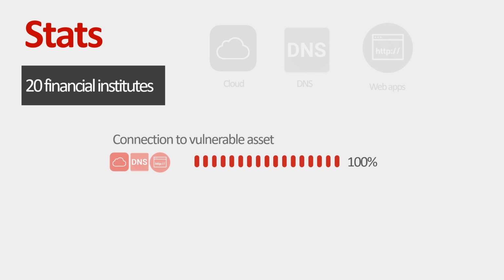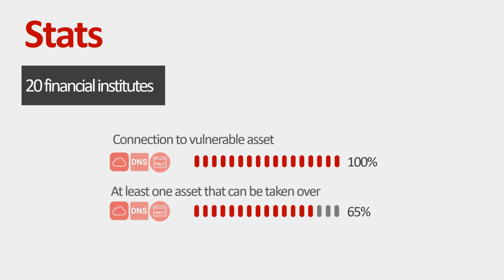From a short research we did on the 20 biggest financial institutes in the world, we found a few very interesting stats. The first is that 100% of these financial institutes are connecting to some sort of vulnerable asset, one or more. The second is that at least one of the assets these websites are using can be easily taken over without any hassle.